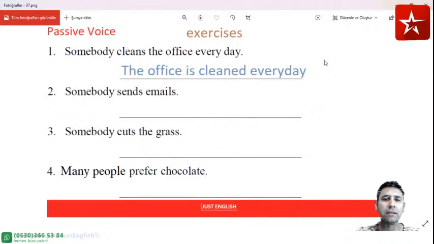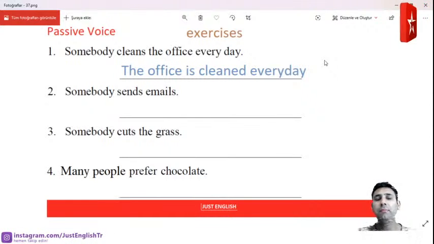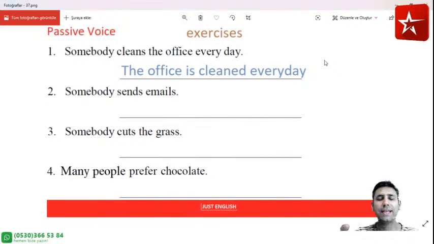Somebody sends emails. Somebody sends emails. Birileri e-mailler gönderirmiş. Okay, so the subject of the passive voice is basically emails, right?